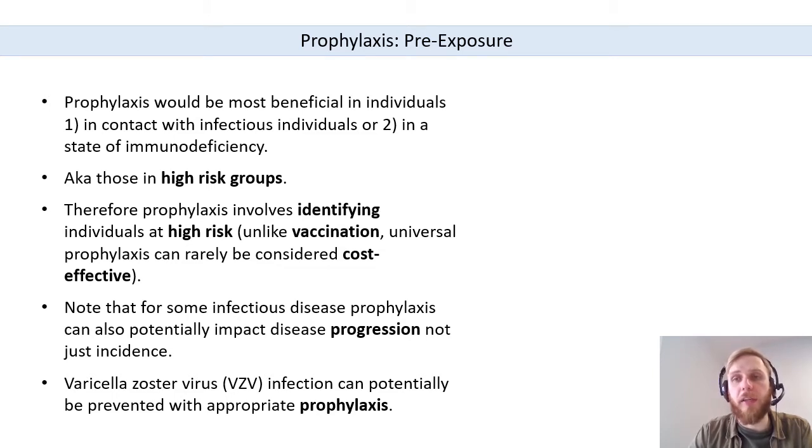It's not reasonable or justified to give a whole population a post-exposure prophylactic necessarily, particularly if there are small portions of the population that are inordinately likely to be infected with a particular infectious disease. And this is what we often see with pre-exposure prophylaxis. Individuals who are at high risk are given the opportunity to take these therapies because they're at high risk, so it's cost effective to target these people.